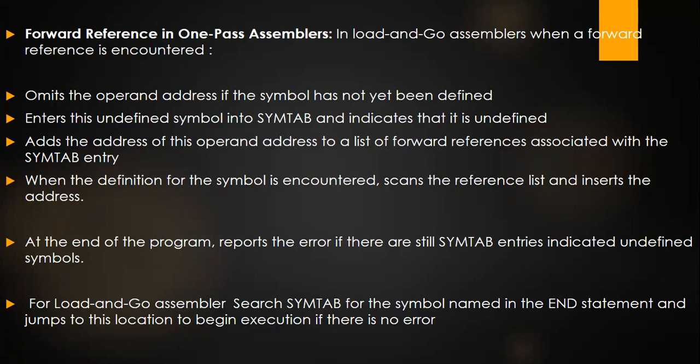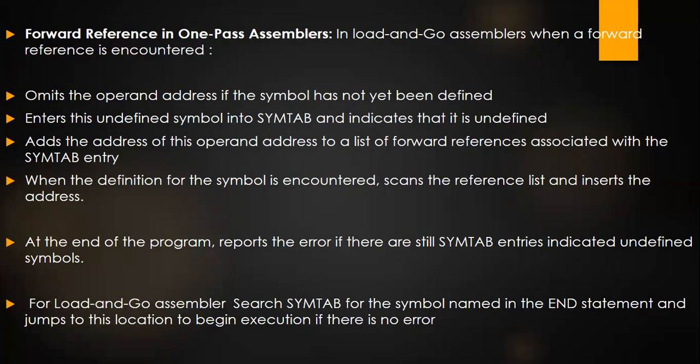So whenever you find such a forward reference, just keep that place empty. Then enter this undefined symbol into the symbol table and indicate that it is undefined. We use a star operator there; the star indicates that it is a forward reference.